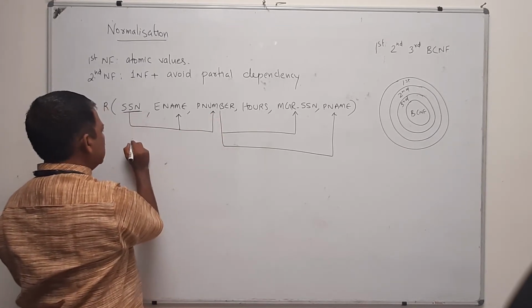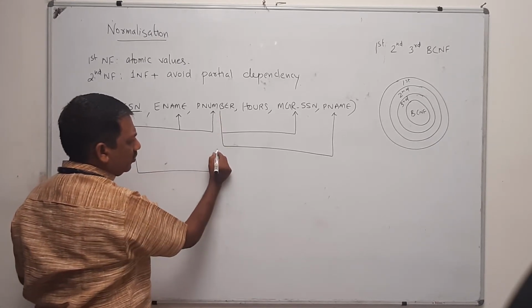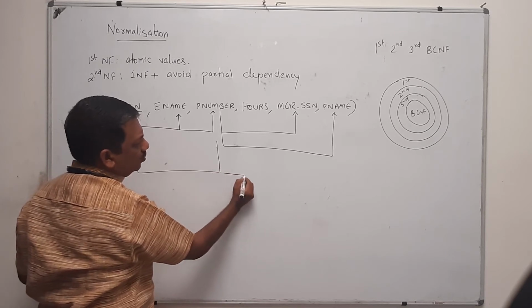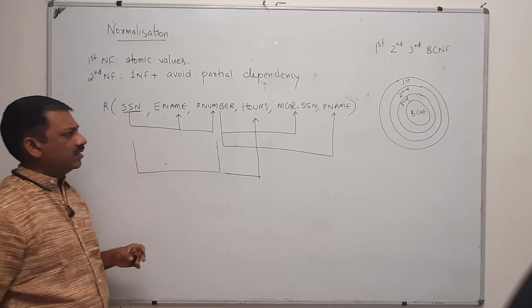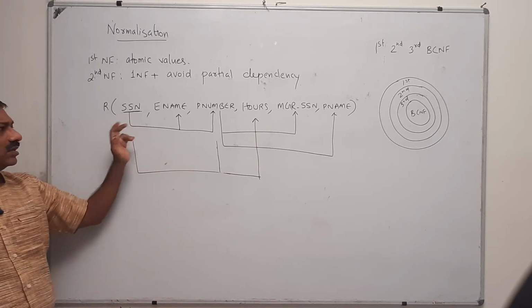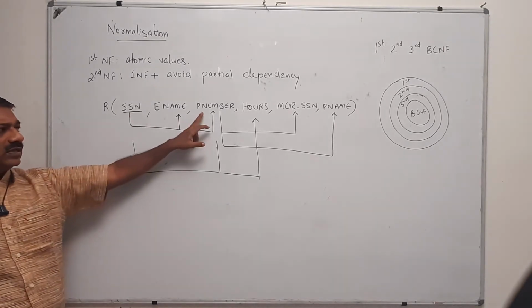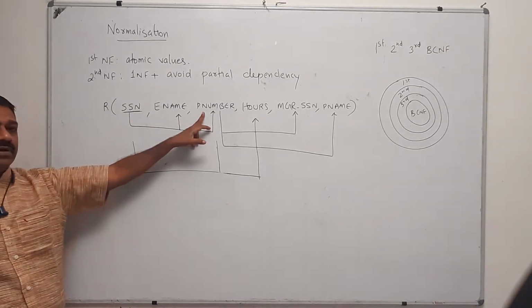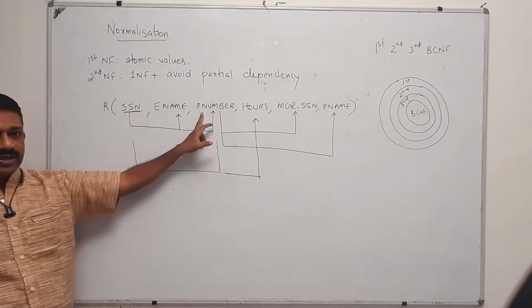That means here this social security number and project number together determines the number of hours. Okay, that means here this employee name is dependent on social security number. An employee can work on different projects.